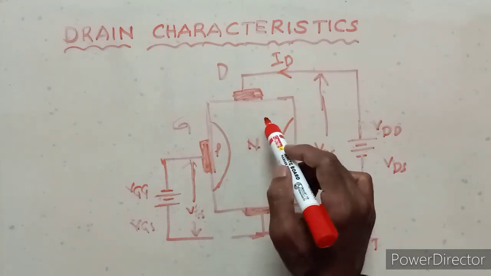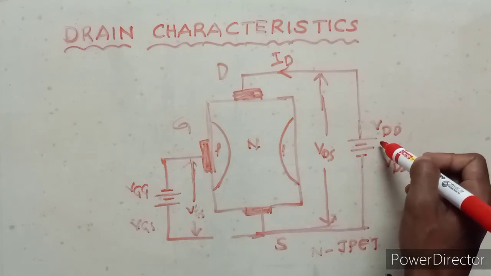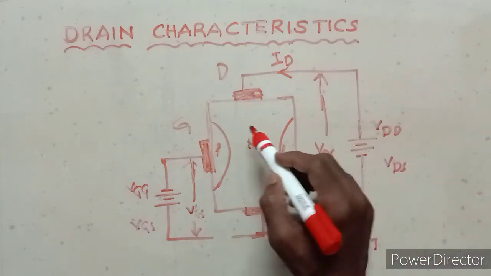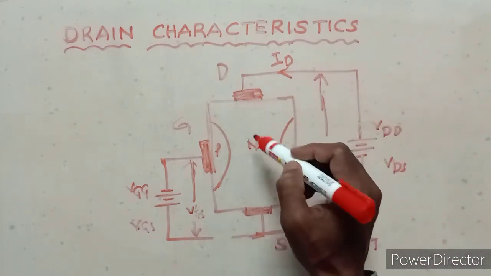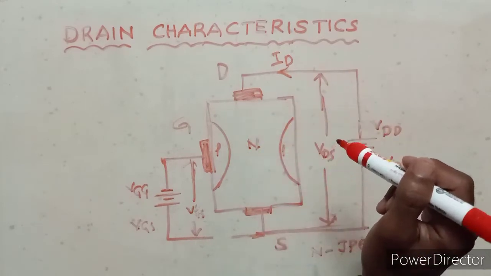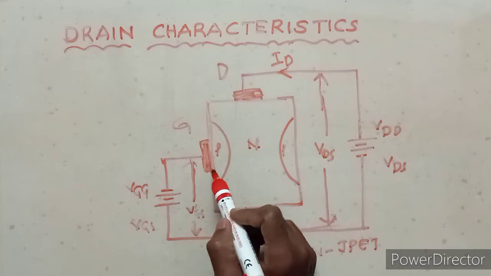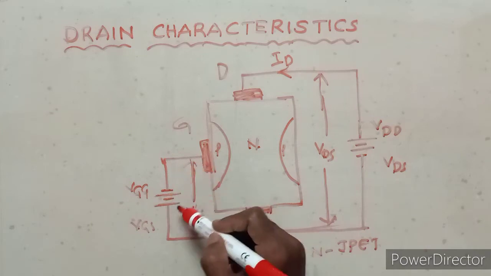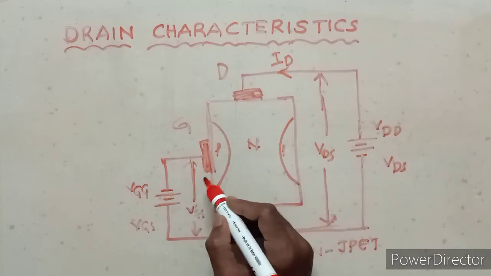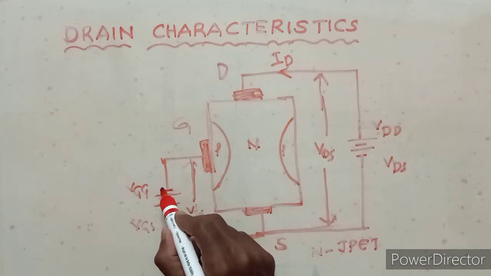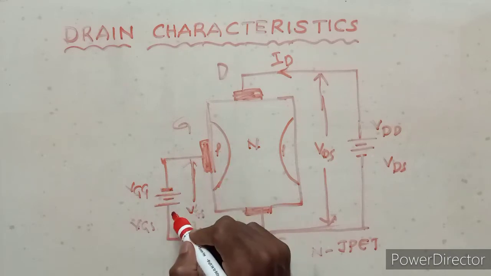When voltage increases, power increases. Also here this is the VGG battery, VGS. This is the negative, this is the positive.